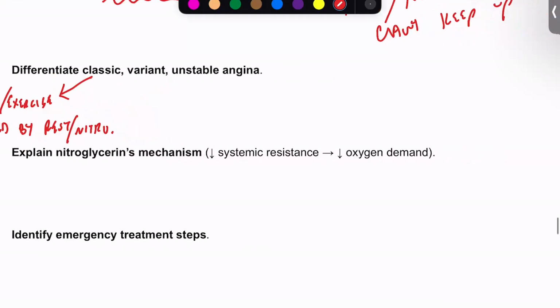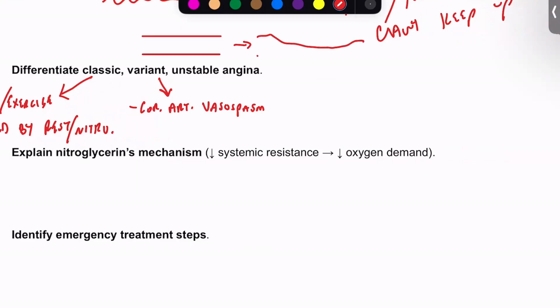Now, your variant angina is caused by coronary artery vasospasm. Remember, vasospasm is where we have an artery right here, and then all of a sudden we have just sharp vasoconstriction. Not necessarily related to exertion, so this could just also happen.